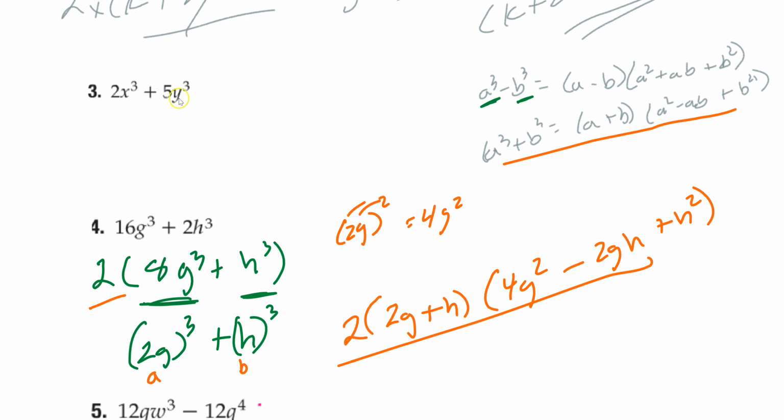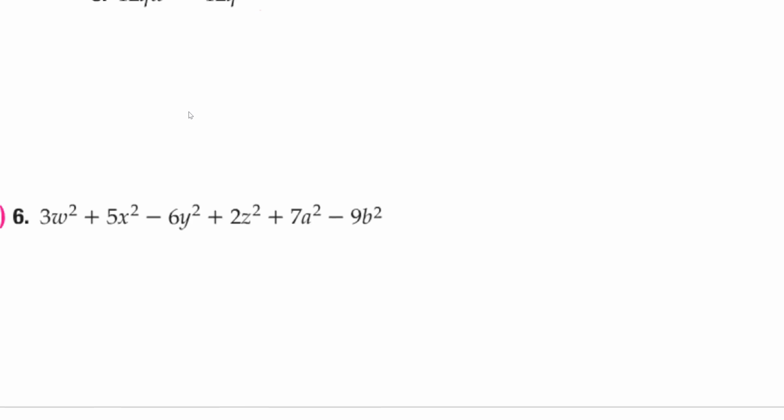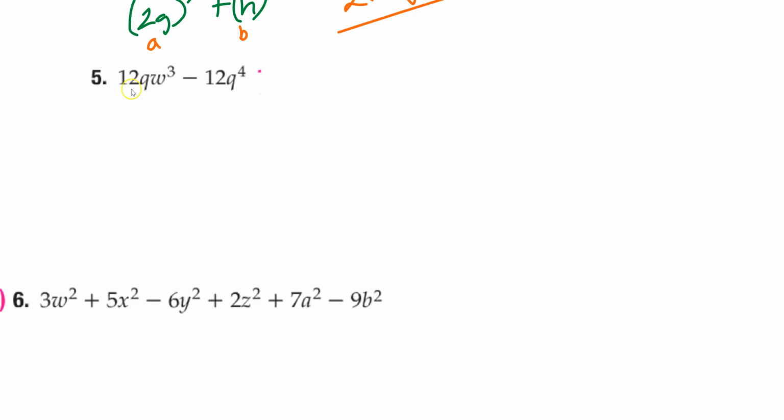Now let's go back to number 3. If you look at 3, they have nothing in common. 2 is not a cube and 5 is not a cube. So I can't do anything. This is prime. And the next one, they do have stuff in common. They both have a p and a q, a 12 and a q. So you factor it out first. Put w cubed minus q cubed.